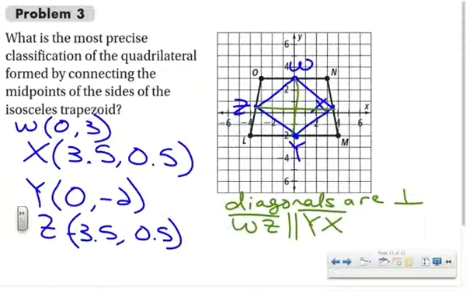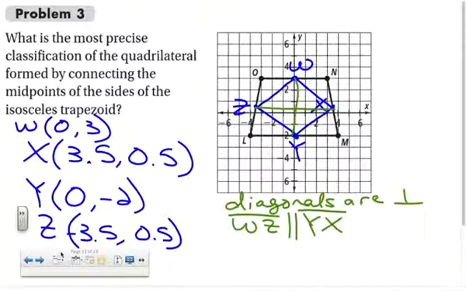I'm rising 2.5, running 3.5. Let's look at WX. For WX, I'm rising -2.5 and running 3.5. Are they opposite reciprocals? No. They're opposites, but not reciprocals.